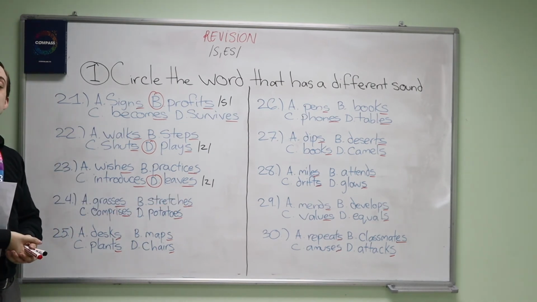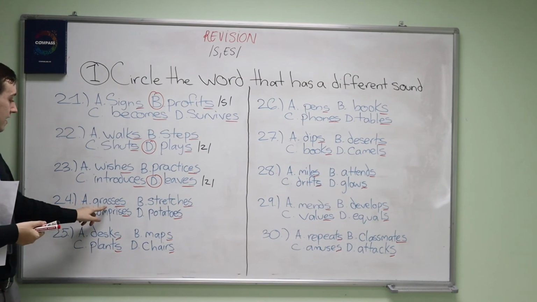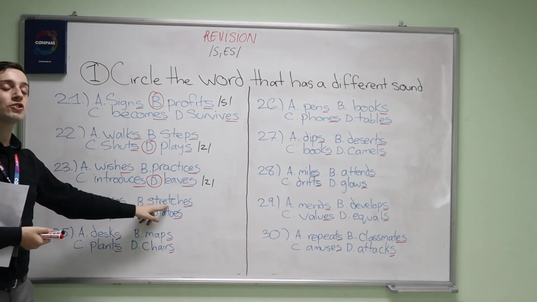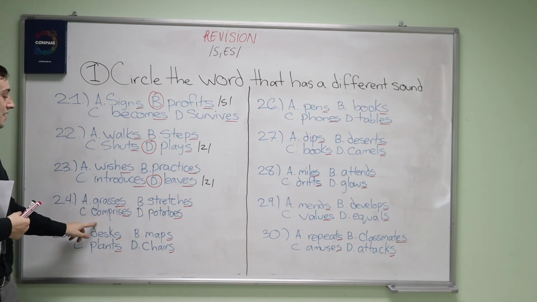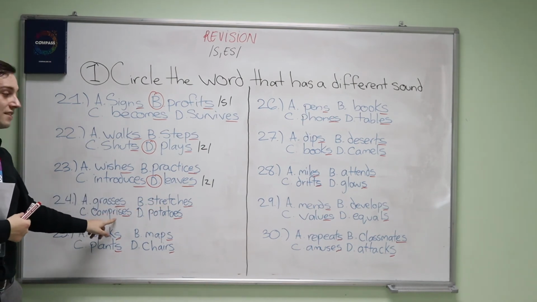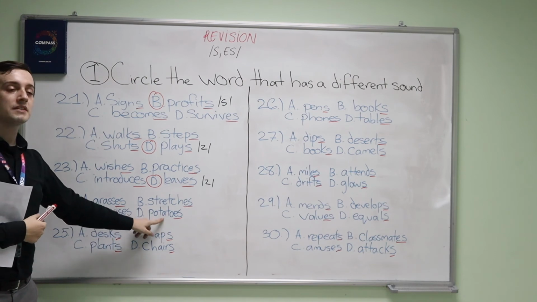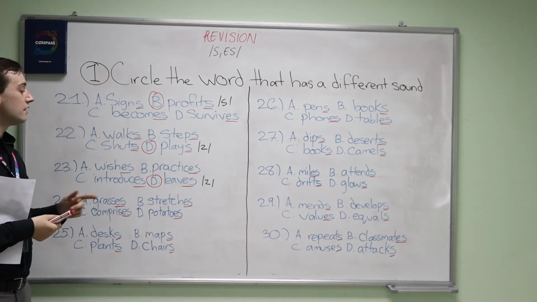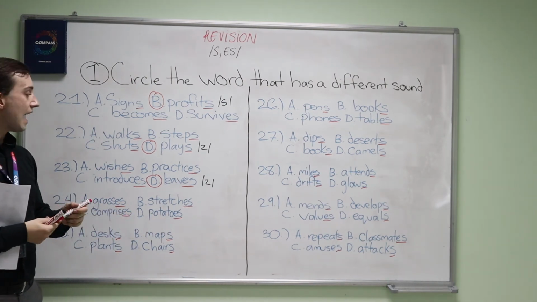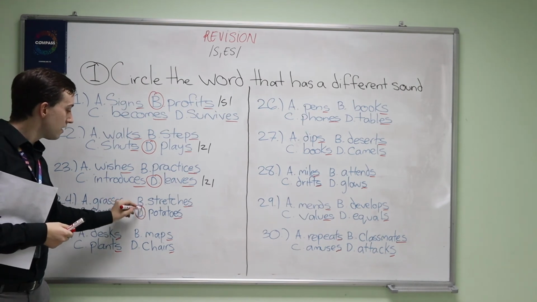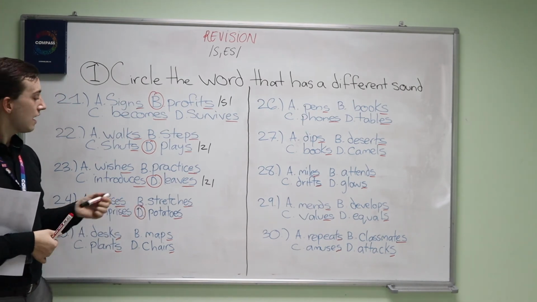Next, question 24. A is grasses, B, stretches, C, comprises, and D, potatoes. The different word is, again, D, potatoes.